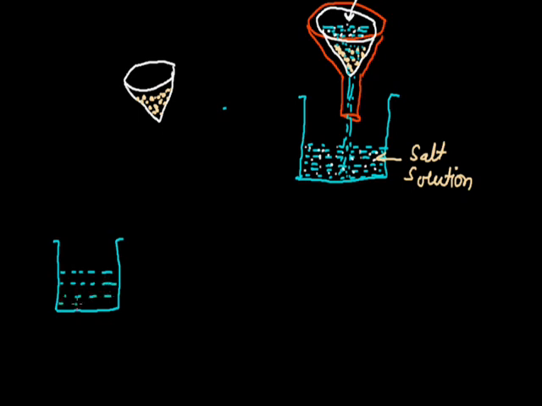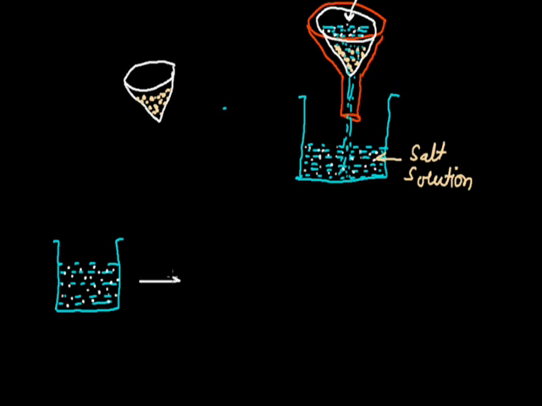In this solution these are the particles of water, and some particles of salt will be present here, but we can't observe these particles because they are very small in size, of the order of angstrom. So we observe a transparent solution in which salt particles are also present.